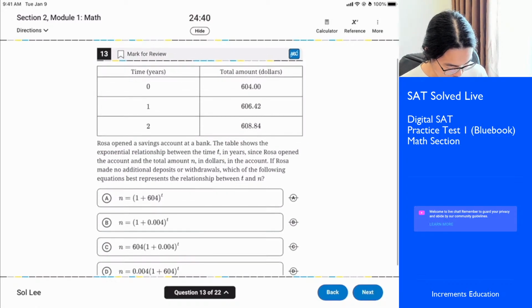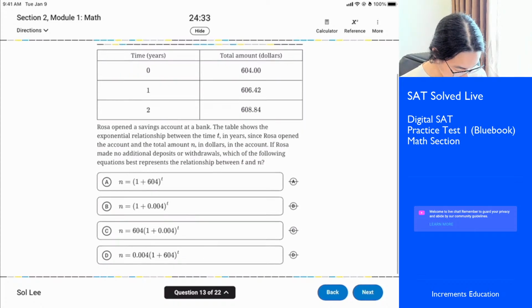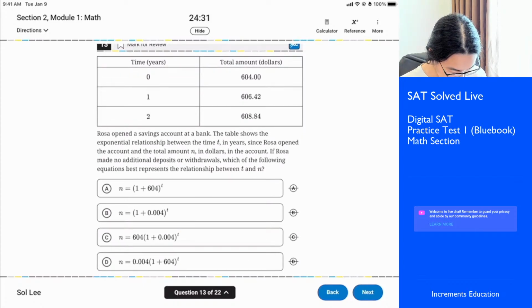Okay. Every year it goes up by $2.42. It's linear. Exponential, what? Okay, it's exponential. No additional deposit withdrawals.